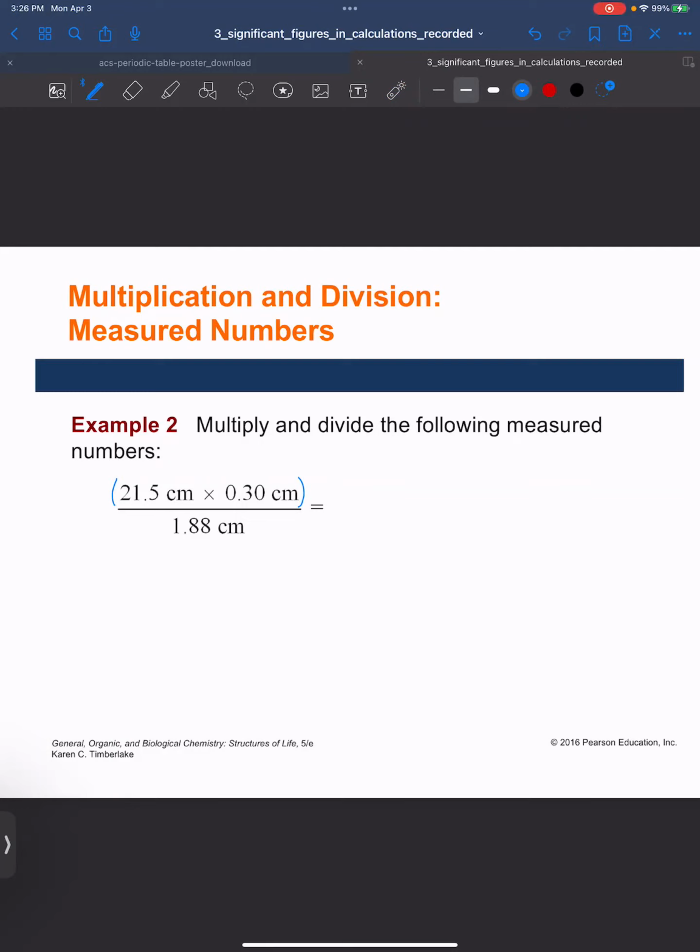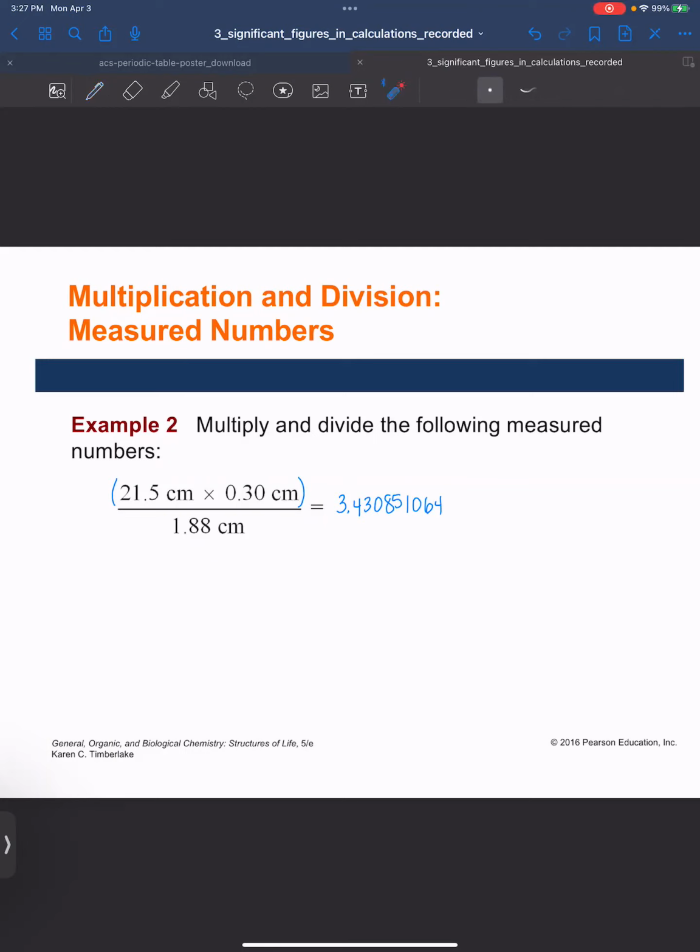So in my calculator, I put parentheses 21.5 times 0.30 end parentheses, and then I divide by 1.88. And on my calculator, I get this long answer, 3.430851064.